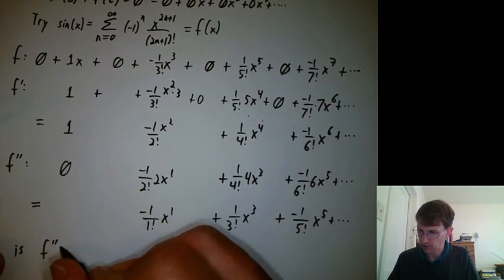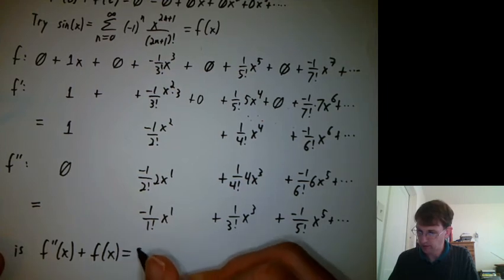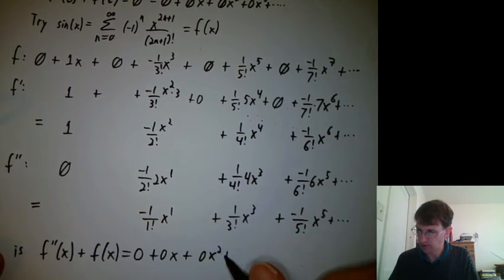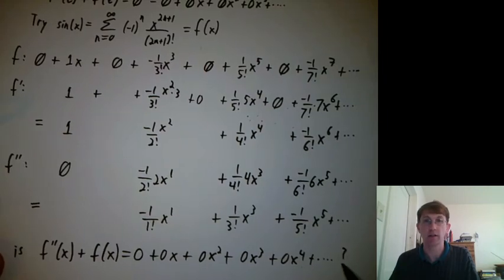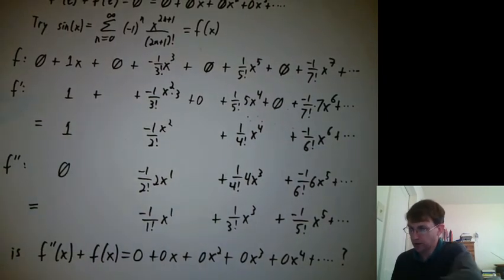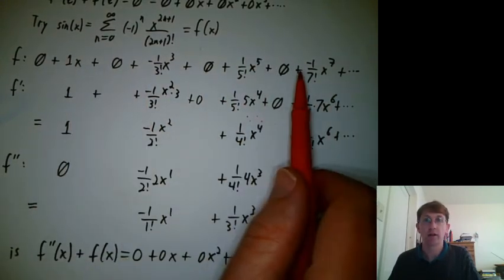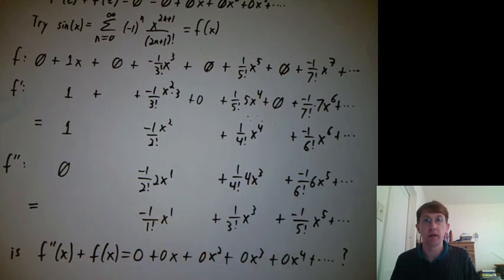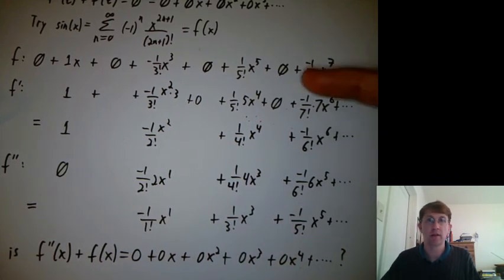Is f double prime plus f equal to 0 plus 0x plus 0x squared plus 0x cubed plus 0x to the 4th plus dot dot dot? Well, let's look back at what we have. We have the little f, our original function that we guessed. We have the f double prime, and let's think about what would happen if we add this row to that row.